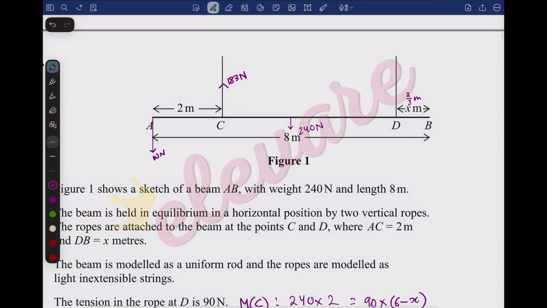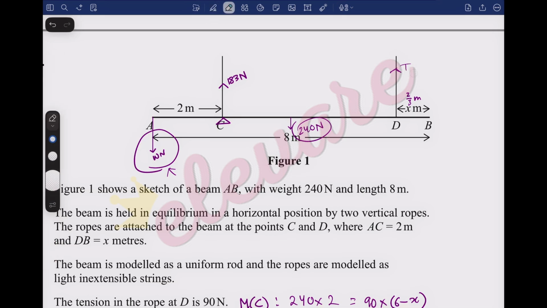Okay, now what can we do here? Well, we can consider moments about D, because if I consider moments about C, then what are the moments that I will have to include in my equation? The moment created by W, the moment created by the weight of the beam, and an additional unnecessary, might I add, tension at D, the moment that this creates.